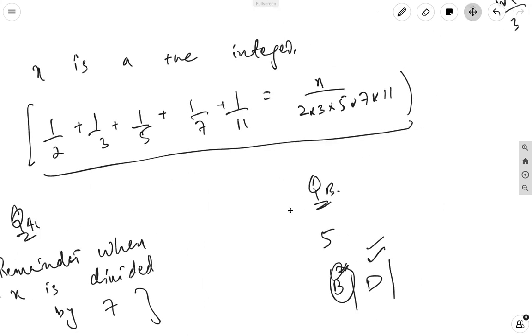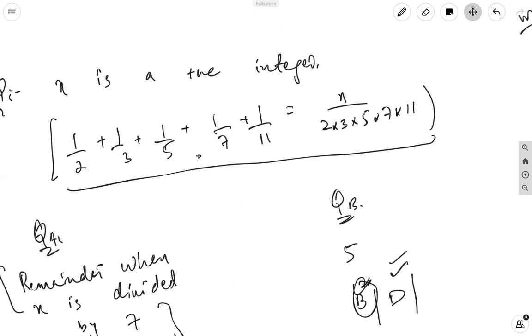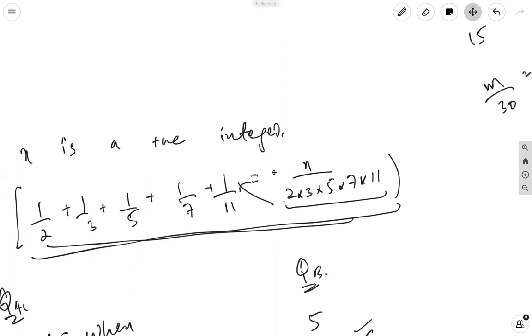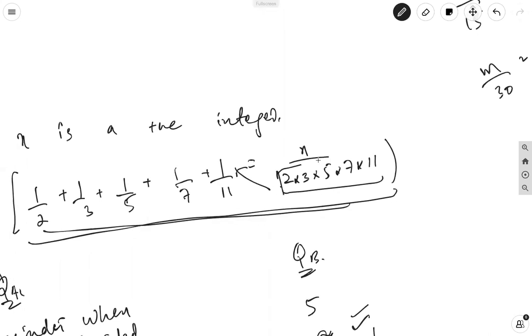If you just see the expression 1 over 2, first simplify this expression. Cross multiply the denominator to the other side.